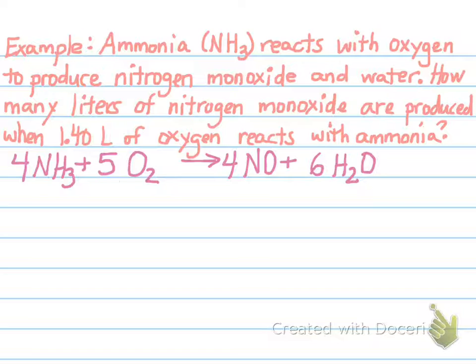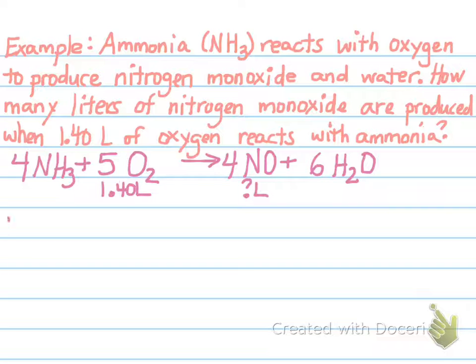Now, again, I like to summarize the information from the problem so I don't have to keep going back and looking at it. So it wants to know how many liters of nitrogen monoxide are produced when 1.40 liters of oxygen reacts with ammonia. So again, this is asking me to start with my 1.40 liters of oxygen and convert that to liters.